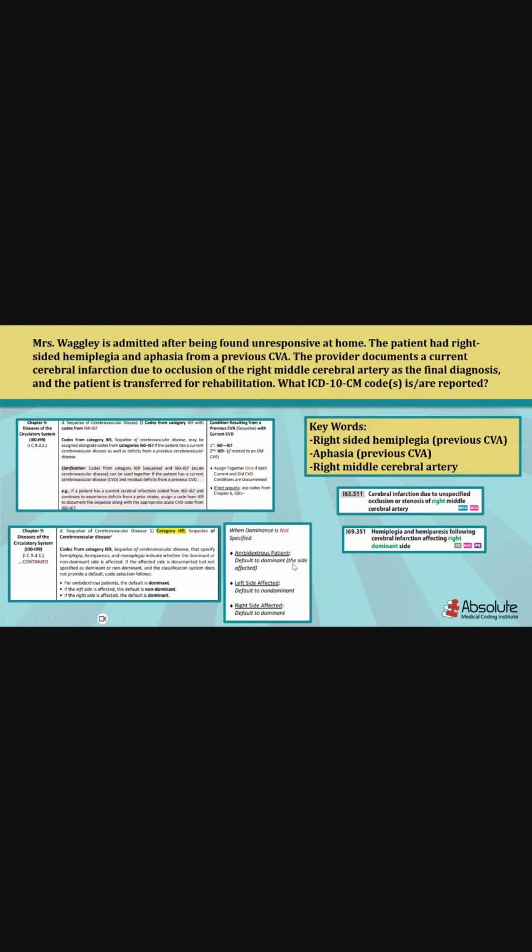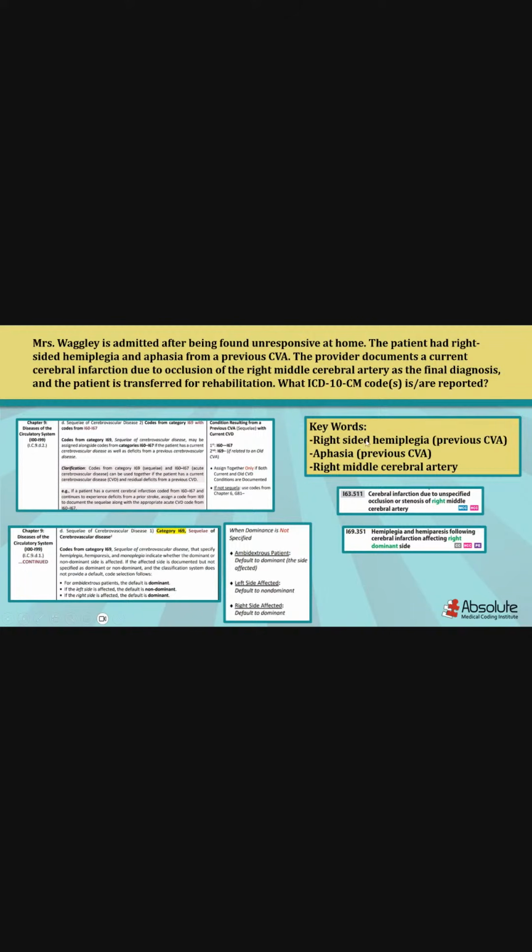The reason that we're coding it as dominant is because the right side is being affected and we are defaulting it right here to dominant. So that is why we are picking the right dominant side. So that code is going to be I69.351.